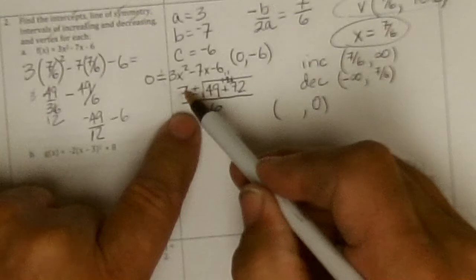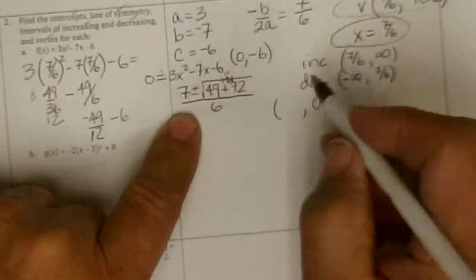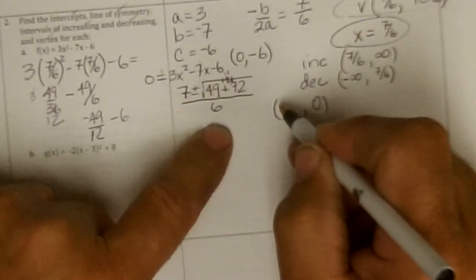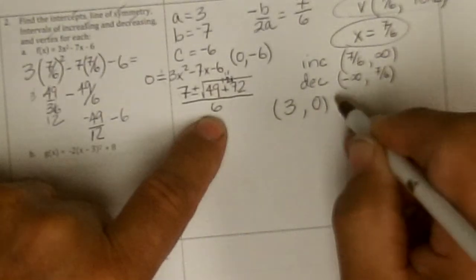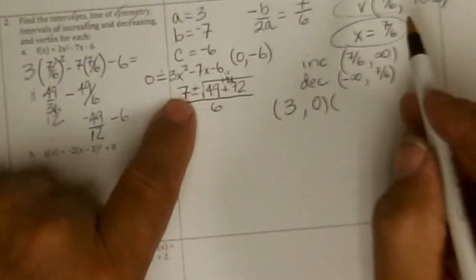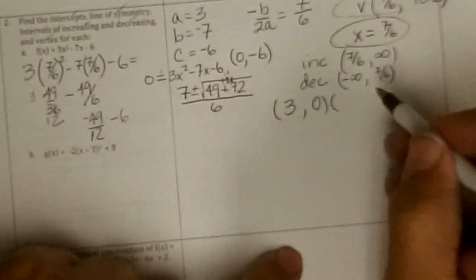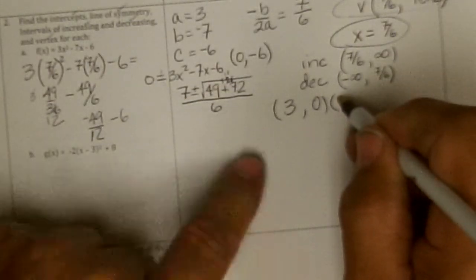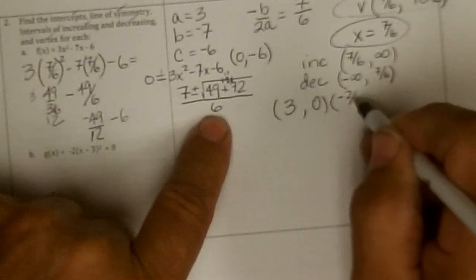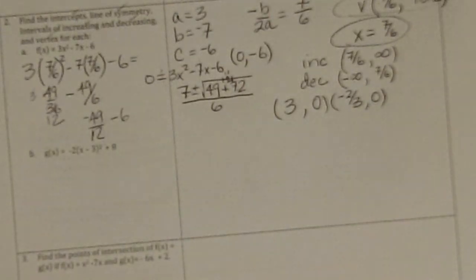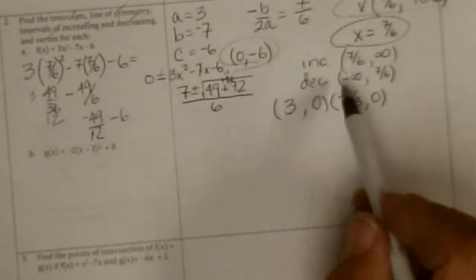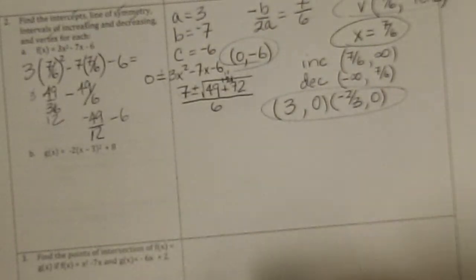But anyway, 7 plus 11 is 18 over 6 is 3, and 7 minus 11 is negative 4 over 6, negative 2/3. So there's the y-intercept and the x-intercepts. A lot to do there.